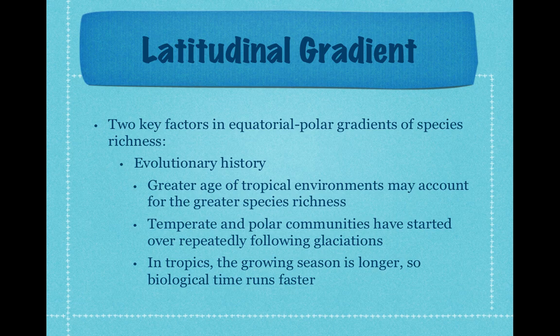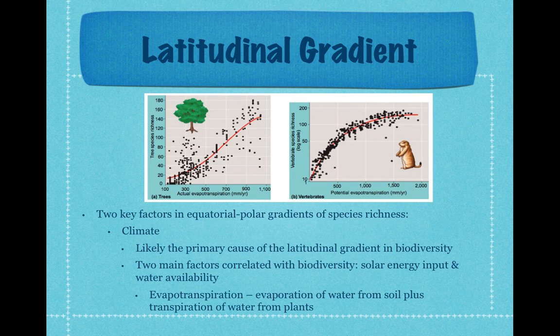So the time span for evolution to take place has been truncated, chopped up by those glacier events. Also, the tropics have a much longer growing season, and so biological growth is able to happen quicker. Again, evolution is able to take place more frequently.